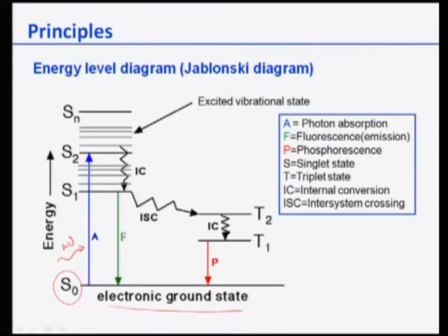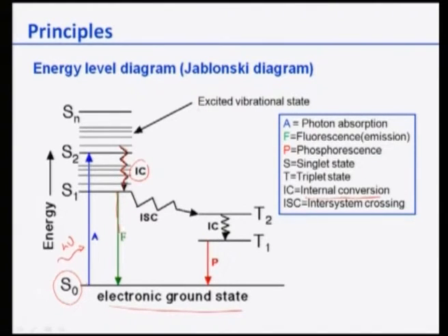From S2, different situations can happen when the electron comes back to the electronic ground state. First, it can come from S2 to S1; this is called IC, internal conversion, as I told you in the last slide.